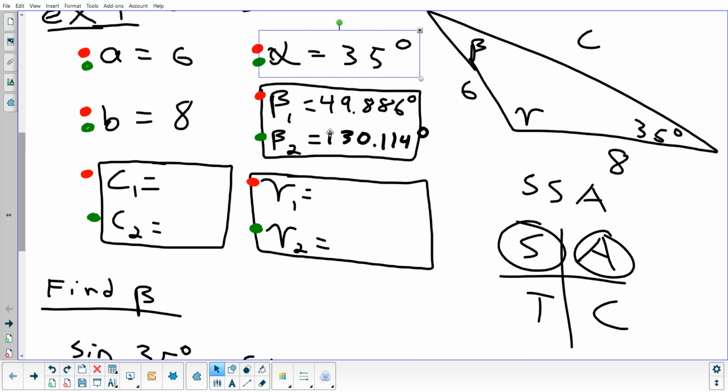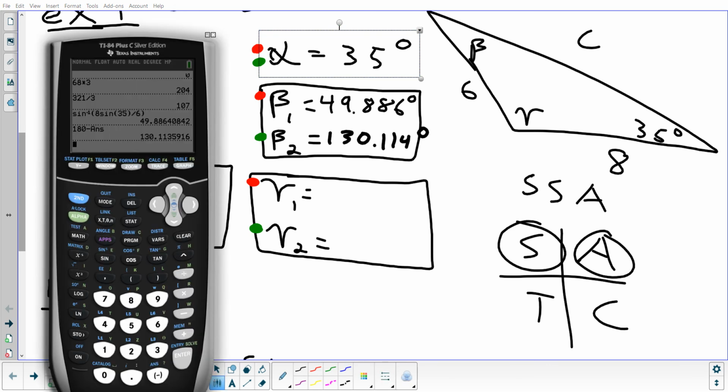Now, we have a little bit of a choice about what we do next. We can either do this or this. Anyone tell me what we could find next? Yep, gamma 1 or gamma 2, by subtracting from 180. The thing is, you can't do C yet. We have to do either gamma 1 or gamma 2. Can you tell me the calculation to get gamma 1?